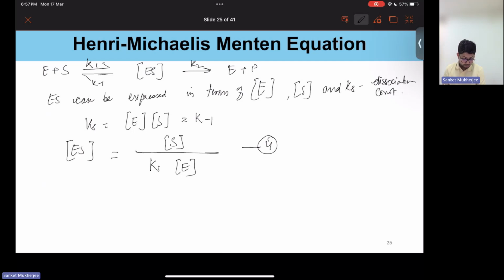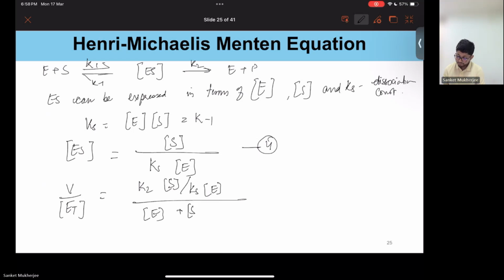If we put the value of ES in the V by ET equation that we had previously, we will get something like this. K2 S by Ks into E by E plus S by Ks into E. So we can take this E out from the equation.